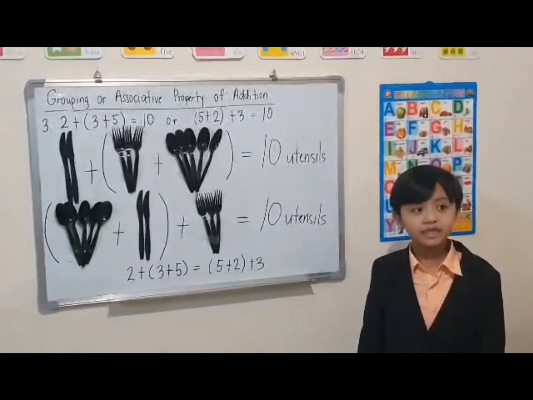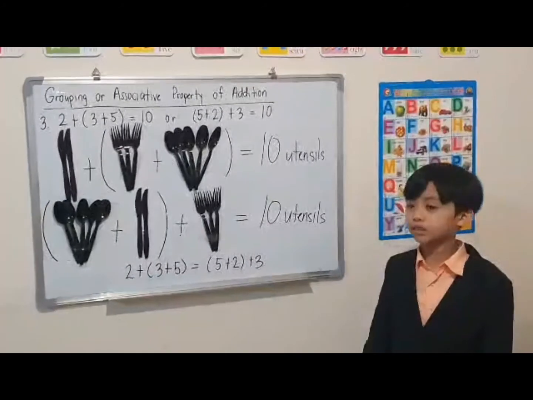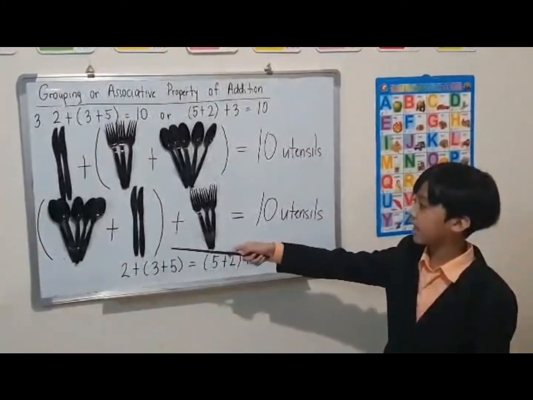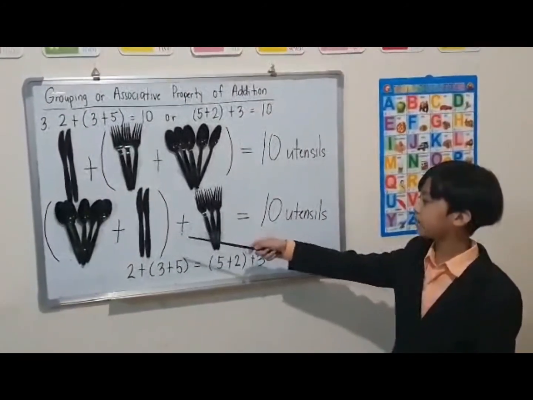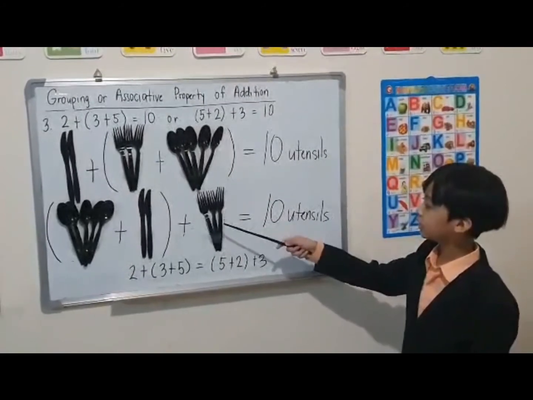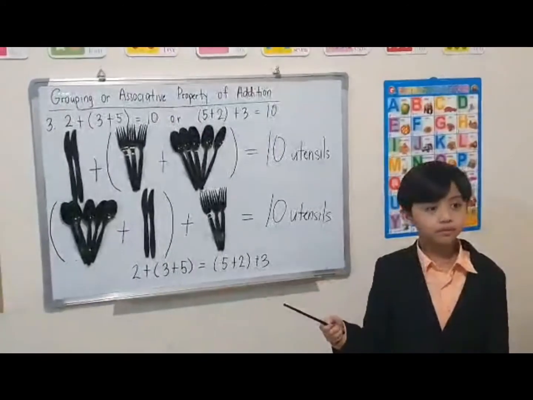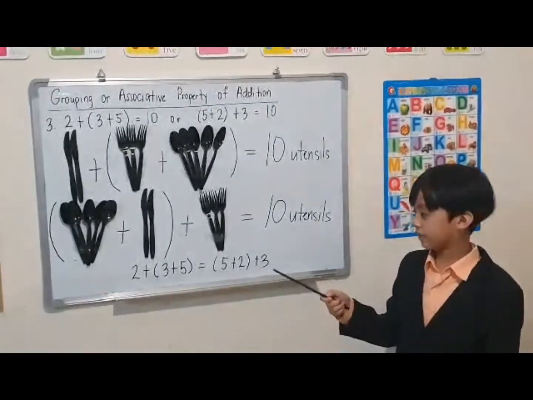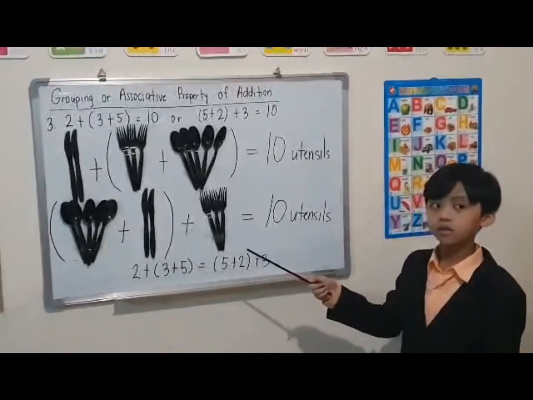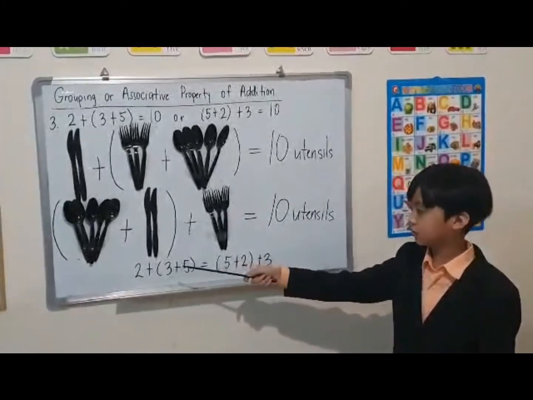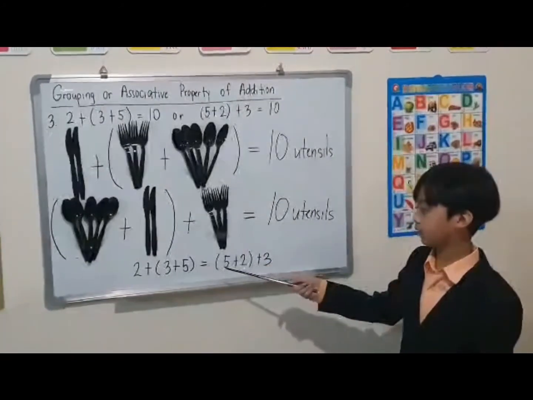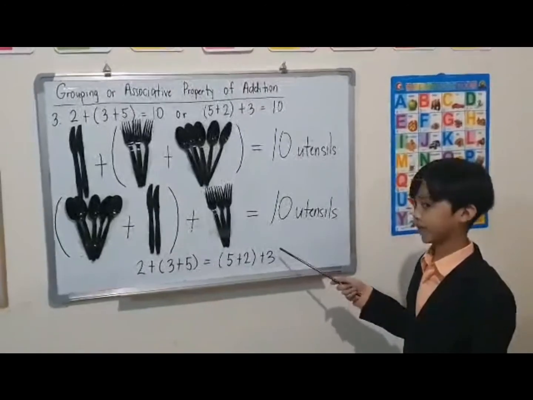If we change the grouping of addends to 5 spoons and 2 knives in the parentheses plus 3 forks, the sum is still 10 utensils. Therefore, 2 plus 3 plus 5 equals 5 plus 2 plus 3.